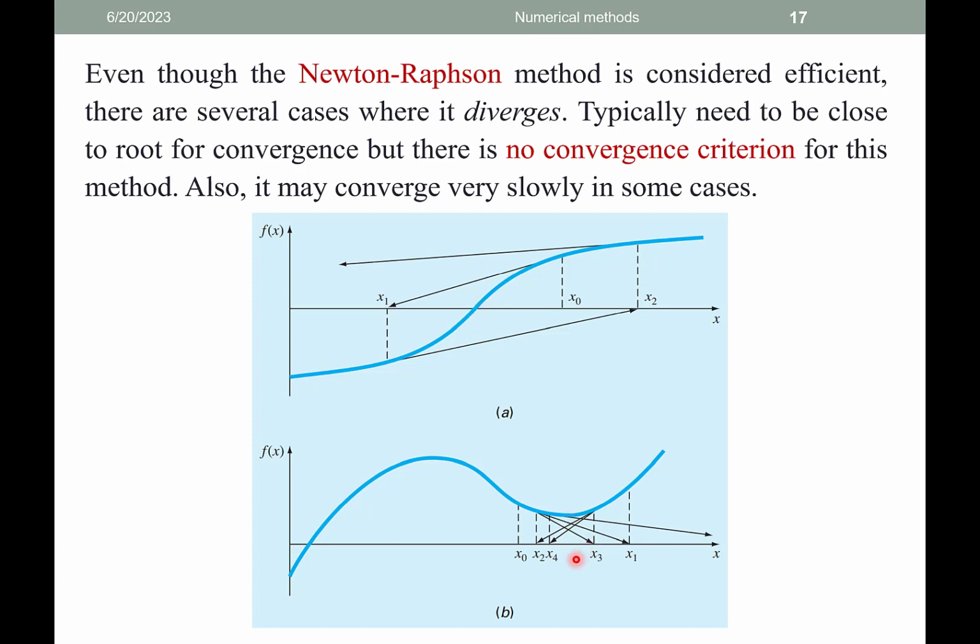Here we can also see another example with our initial guess. The root is right here. We draw a line, and the slope goes this way. Again, another line with a slope going that way. Another line, slope going this way. Another line to x4, and another line out of the chart. So these are two examples where the Newton Raphson method would actually diverge.